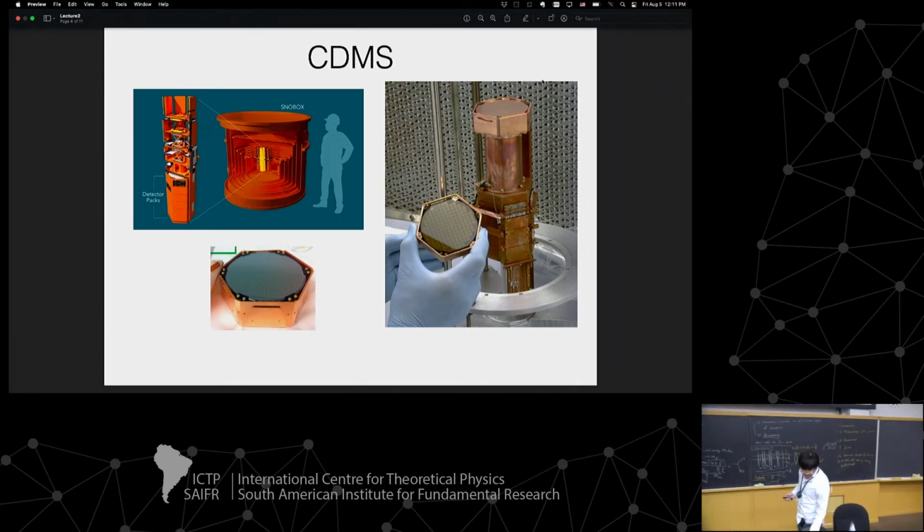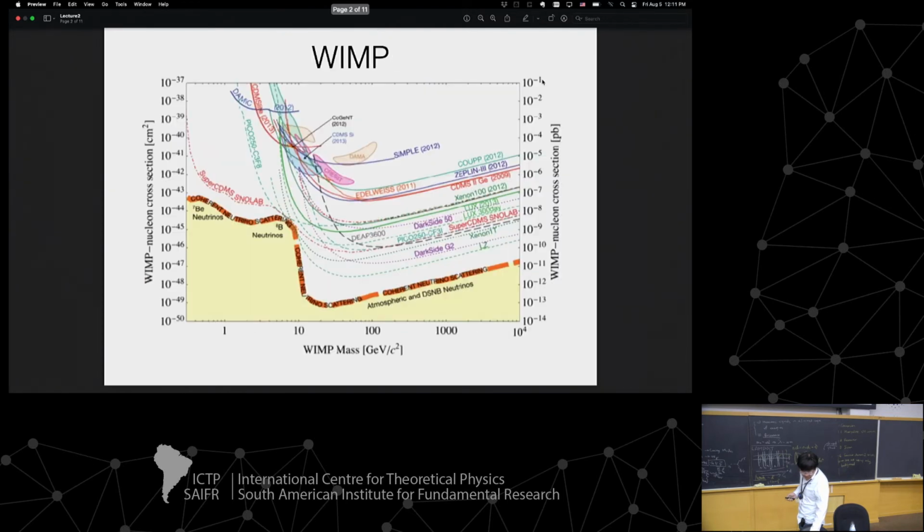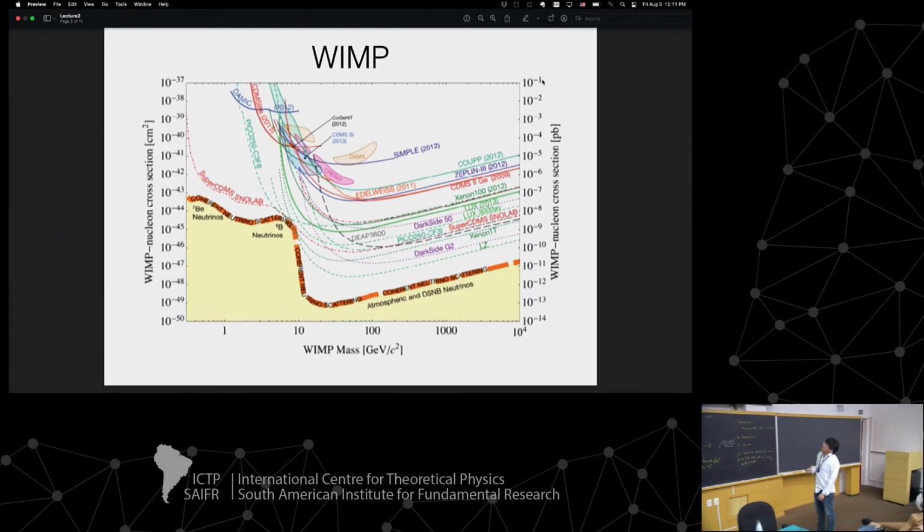The reason this detector is somewhat complementary to the xenon detector is that if you go to lower and lower WIMP masses, let's say around 10 GeV, when the WIMP hits the xenon, the mass is not the same, so it's not very efficient. So you want detector materials which are closer to the WIMP mass, and that's why you choose silicon.